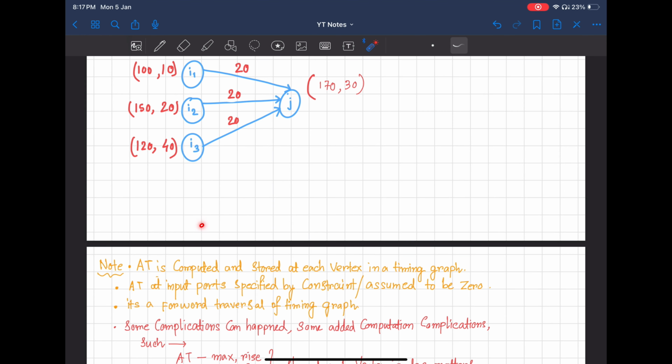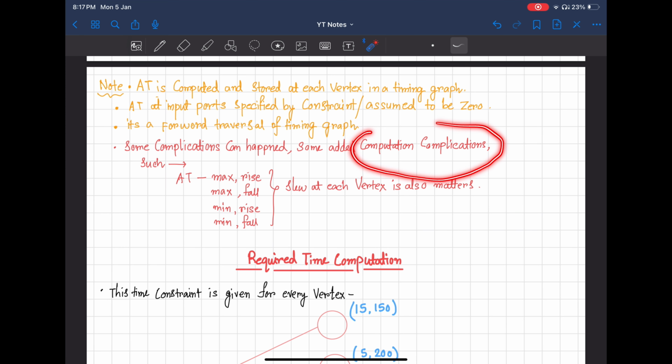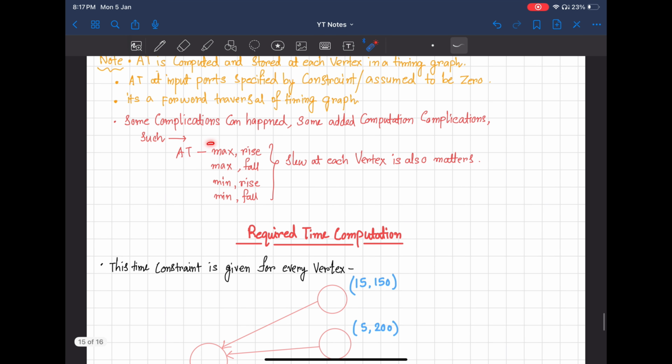This signal can be steep. So the computation can be more complicated if we talk about the maximum and minimum rise and fall time. That complication can vary to different levels also, but I don't want to talk about it here. It's just for your note, you will take it as a concept.